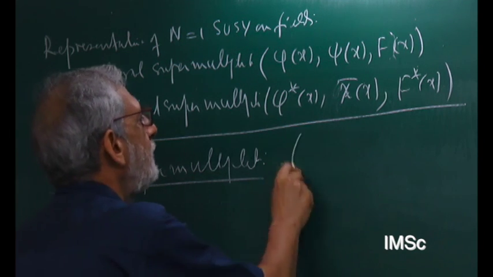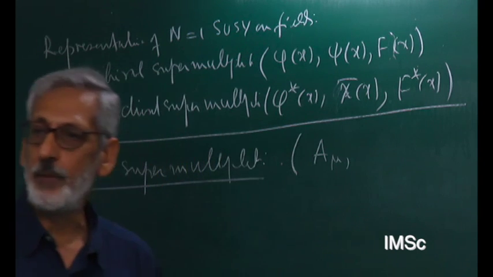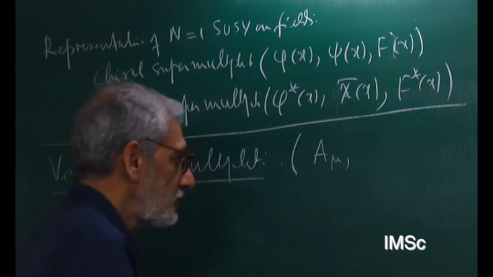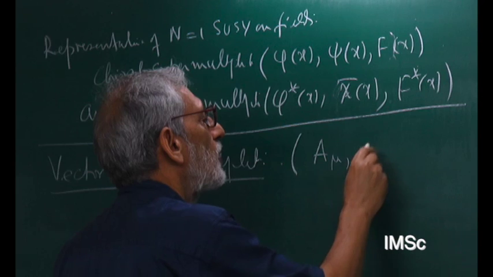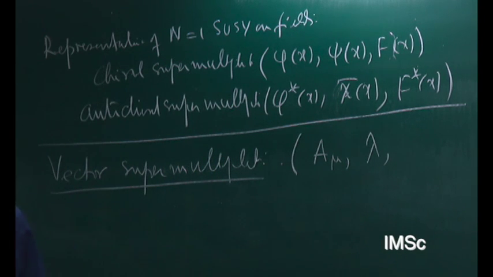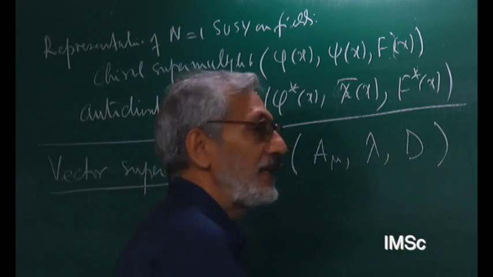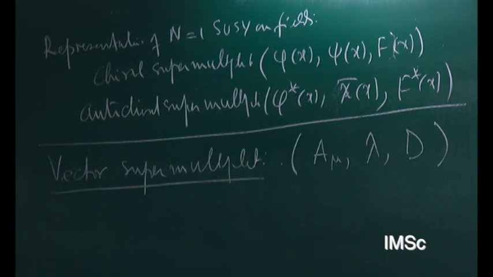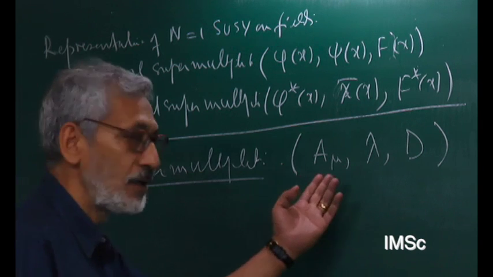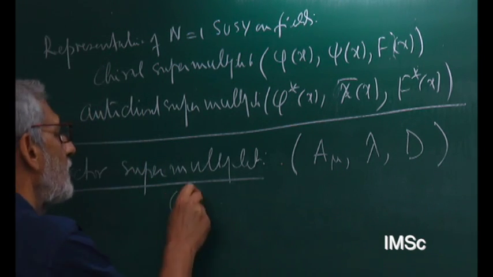The component fields in this supermultiplet will be a gauge field, A mu, a fermionic superpartner, a Majorana fermion lambda, and an auxiliary field, we'll call it D. So you can call it photon supermultiplet because it has a vector field A mu.